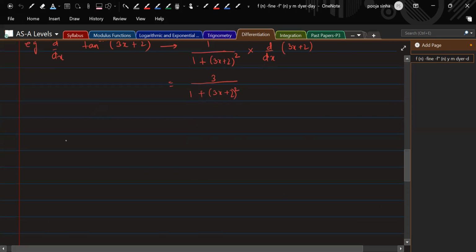Okay, now let's start some questions. Our question number 1 is a simple one. y is equal to (2x minus 3) whole raised to power 6.